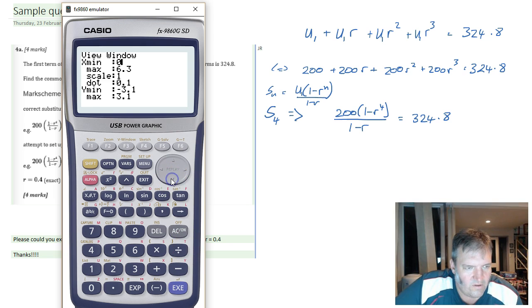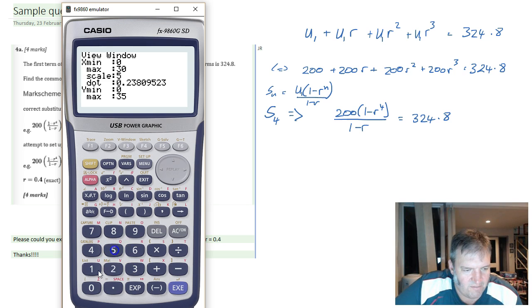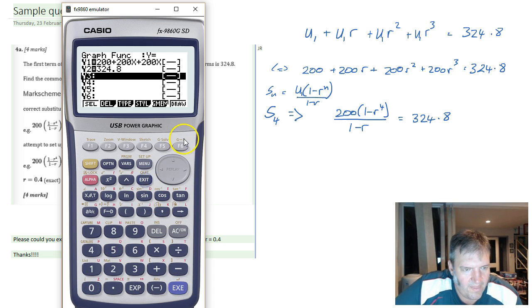I don't know. Have a guess. Let's make it 30. I'm sure it will be much less than that. Scale can be 5. Doesn't really matter what the scale is. The y minimum will be 0. Obviously, I want to go up to 324.8 for my y value, so let's just maybe make it up to 350. See if that helps at all.